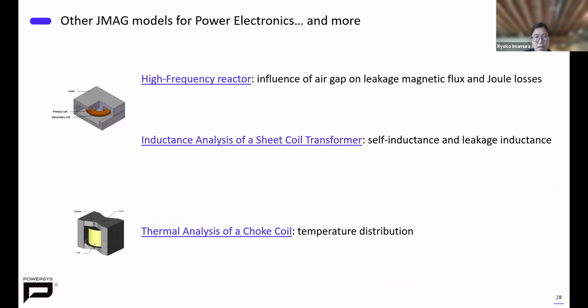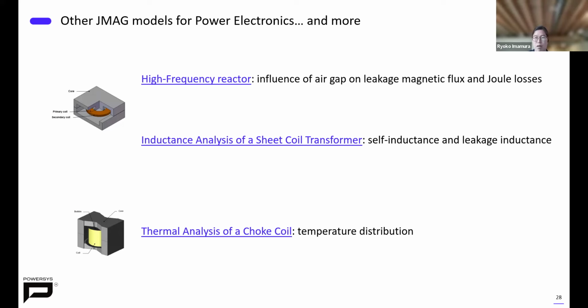Okay, that was our example of the motor inverter drive systems. Lastly, we'd like to mention the other models that can be simulated using co-simulation with SIMBA, because co-simulation doesn't limit the application to the motor.